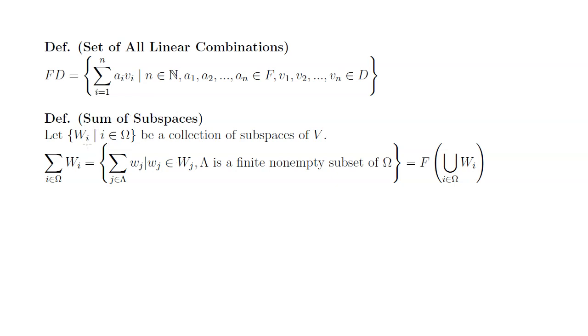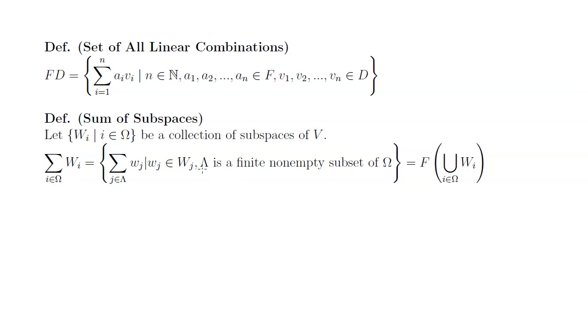So let's say you have a collection of subspaces of V, W_i's. Then the sum of those subspaces is the set of the sums of elements. First, you take finitely many of the W_i's.